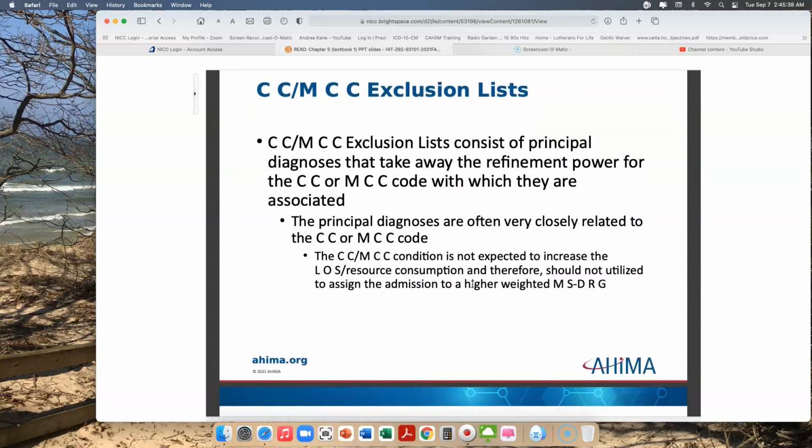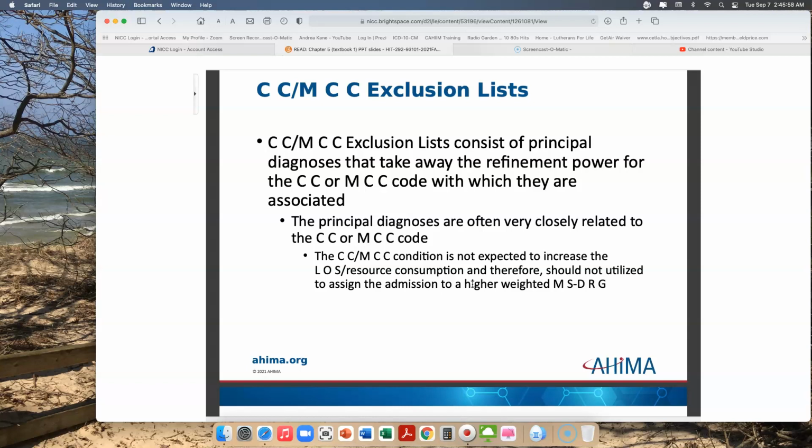The CC-MCC exclusion lists change every year. Remember the Federal Register. They update those lists every year. They often take things off, and occasionally they'll put a couple of things on. So you have to know what's on the CC-MCC exclusion list every year.